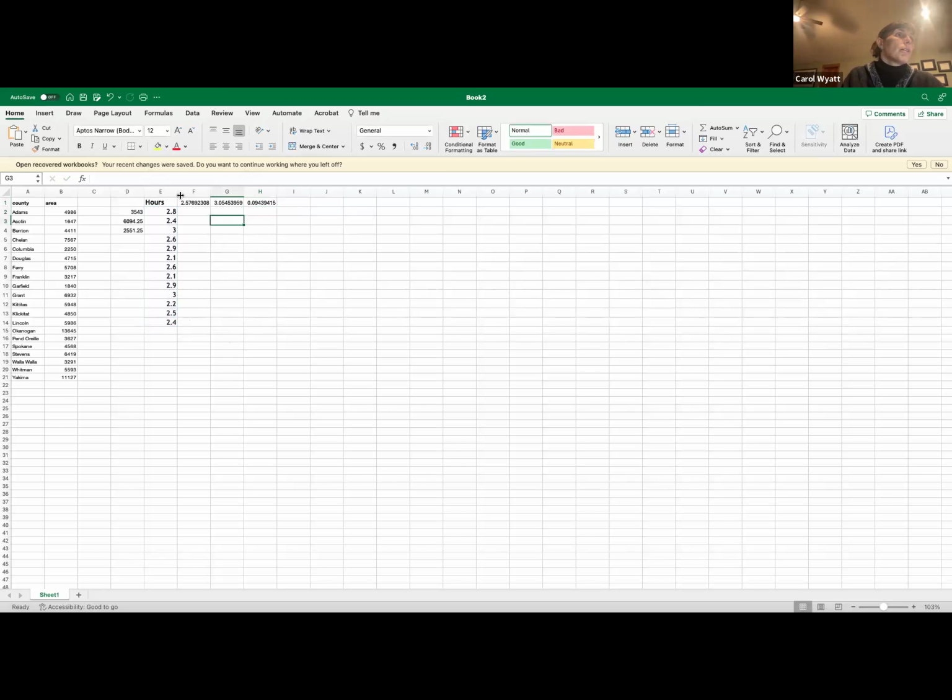So our lower limit is going to equal our mean minus our critical value times our standard error. And our upper limit is going to equal our mean plus our critical value times our standard error.